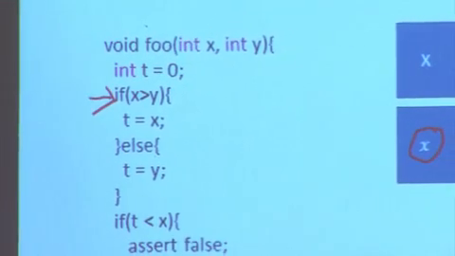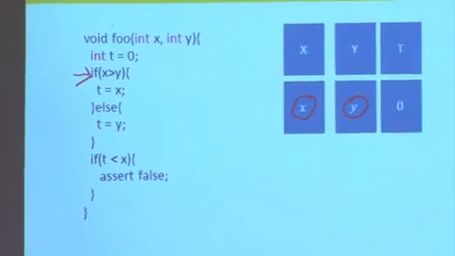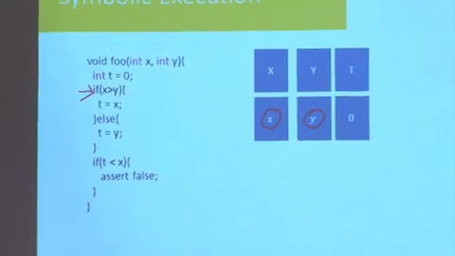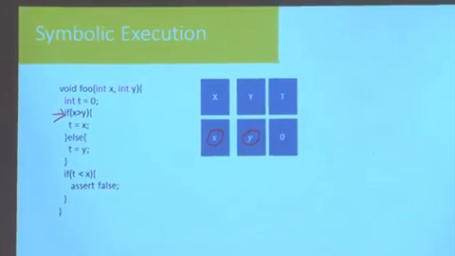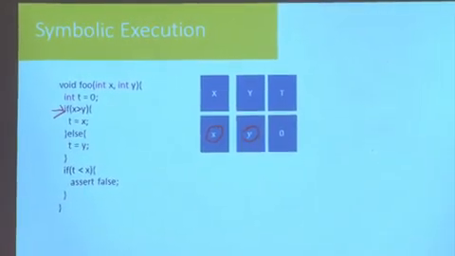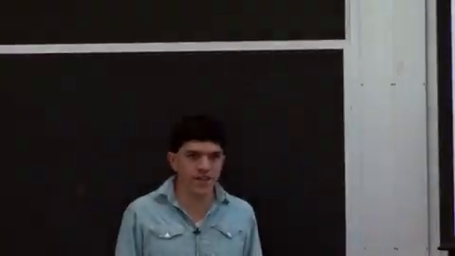Now, do we know anything about x and y? What do we know about them? We know their type, at least, so that's a start. So we know that they're going to be ranging from min int to max int. But that's about all we know about them. And it turns out that this information is not sufficient to tell us which direction this branch might go.